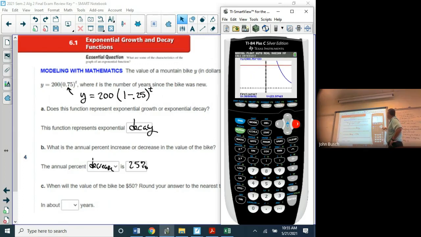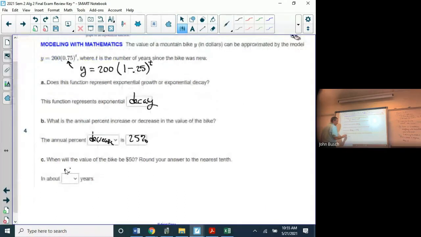Just cursor over pretty close to the intersection spot. Looks like 1, 2, 3, 4, close to 4.5 or 5 or so. There. Now we're close to the intersection spot. Press enter 3 times, and that'll give us 4.811. And I think we rounded to the nearest tenth, so the answer is 4.8 years.